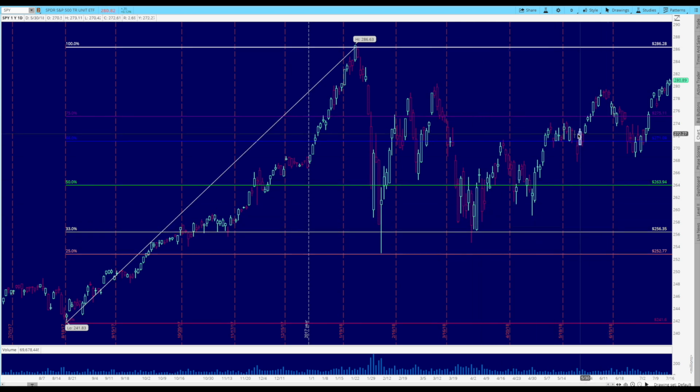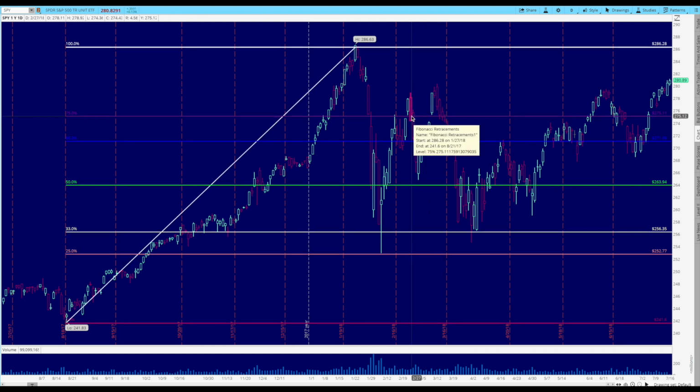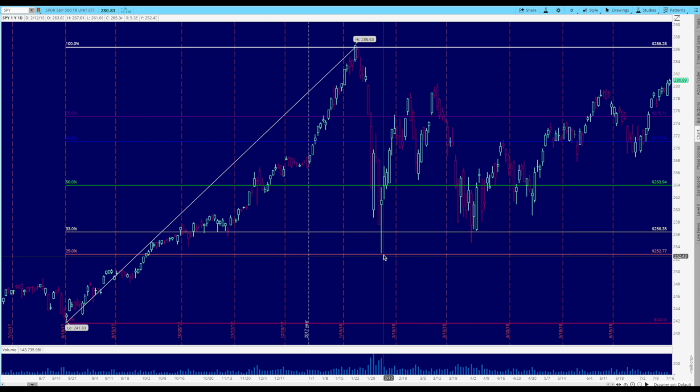Then I will ask, where should I cash out of my position if I get into one of these fib levels? A lot of times you can use the opposing target area level, either a classic target, or when it hits an opposing fib level, such as the 75% here. If you got in at the 33, or better yet that 25% area, and like I said, I respect quarters a lot.